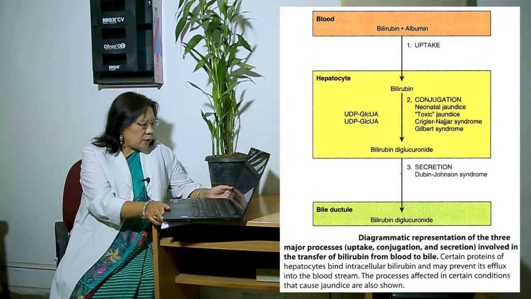Certain proteins of the hepatocyte bind intracellular bilirubin and may prevent its efflux to the bloodstream. The processes affected in certain conditions that cause jaundice are, for example, neonatal jaundice, toxic jaundice, then the other diseases, Crigler-Najjar syndrome and Gilbert syndrome, and when there is a defect in the secretion, Dubin-Johnson syndrome is produced.